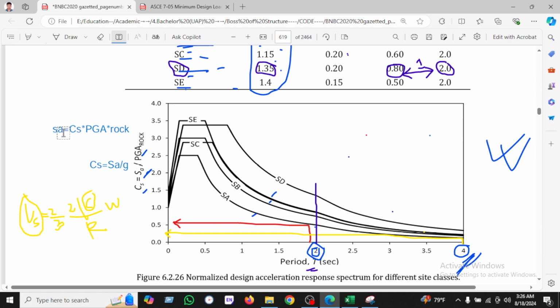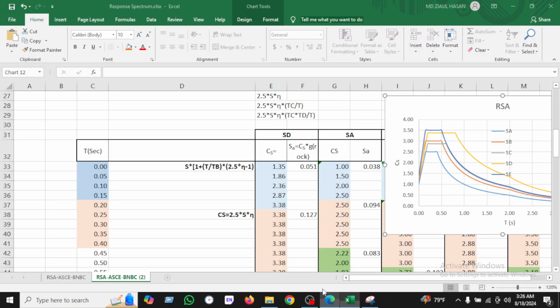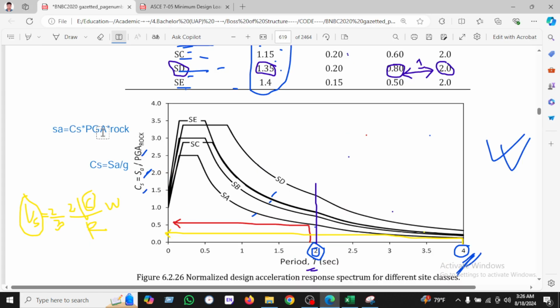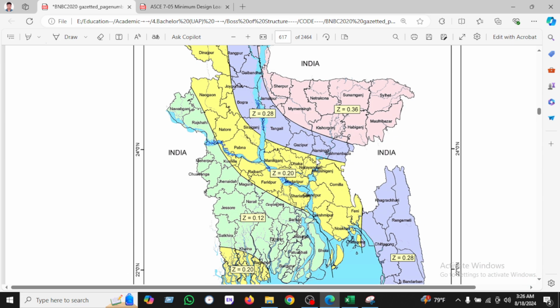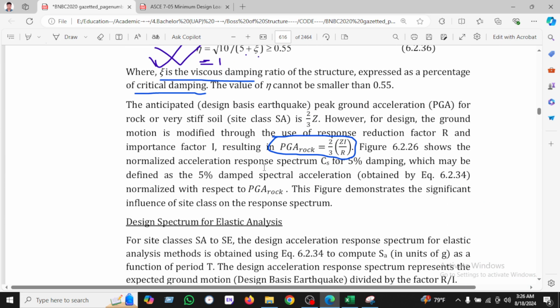We know the CS value, so we just need the PGA rock. At first we have gone to the PGA rock.